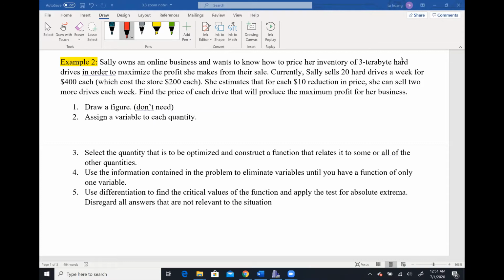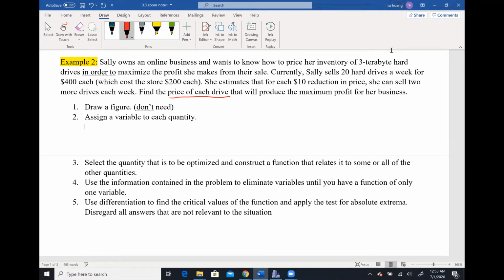Because we are looking for the price of each drive that will produce a maximum profit for her business, I would like to assign the price for each drive as P.